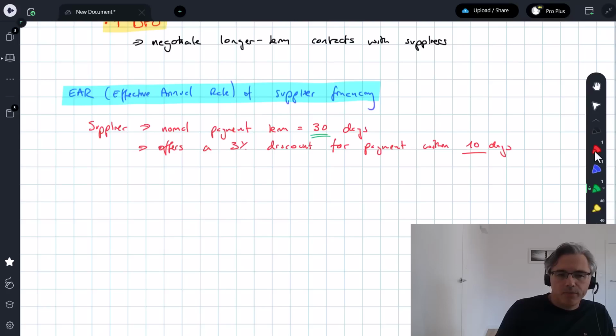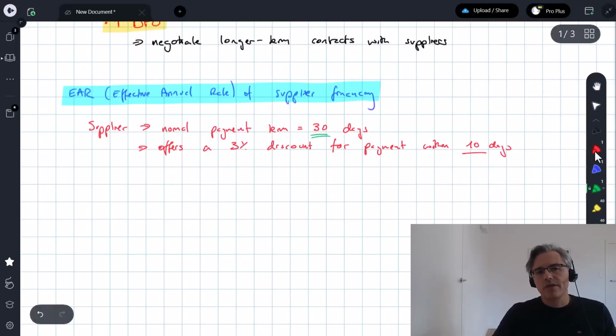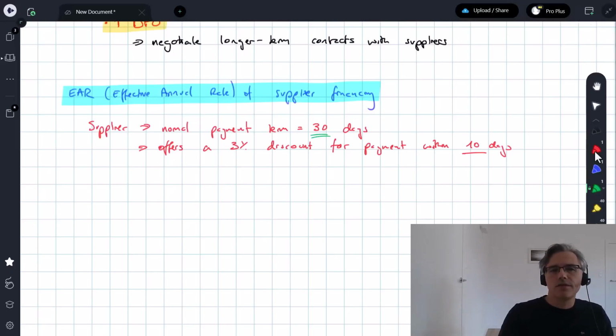Now, you may, with this data, be required to compute the effective annual rate of supplier financing, which is basically all about determining whether it makes sense to take advantage of that discount or actually forego it.